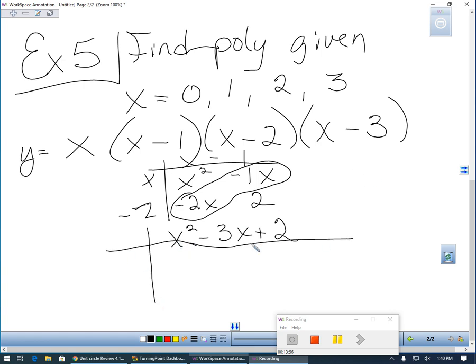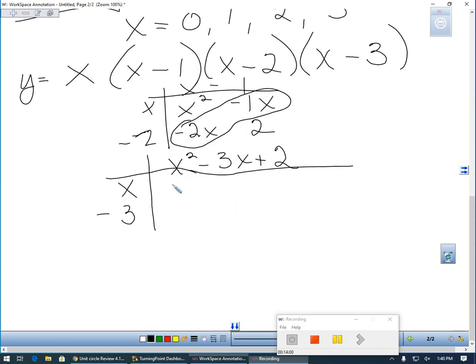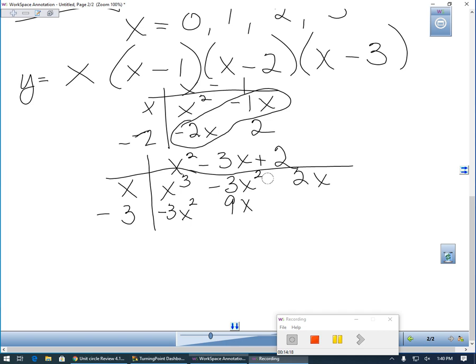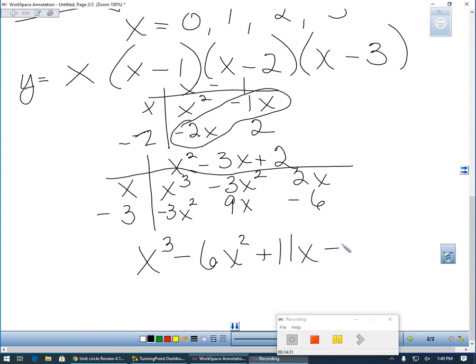Oops, helps if I draw straight. Yes, exactly. Check my math. Did I get the same thing you guys did?